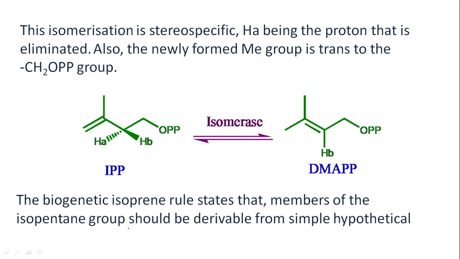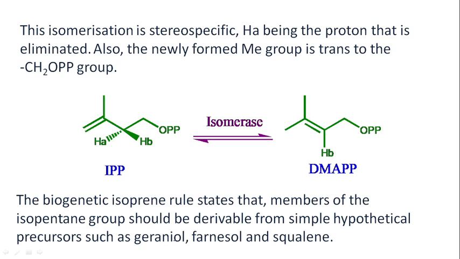The biogenetic isoprene rule states that members of the isopentane group, meaning the terpenoids, should be derivable from simple hypothetical precursors such as geraniol, farnesol and squalene, and these geraniol, farnesol, squalene are formed from these two molecules, IPP and DMAPP, and the appropriate enzyme.